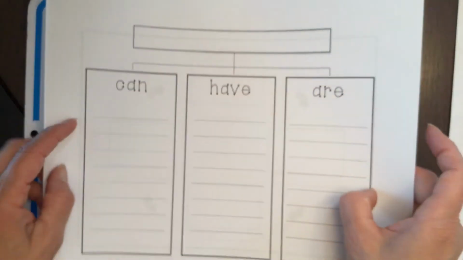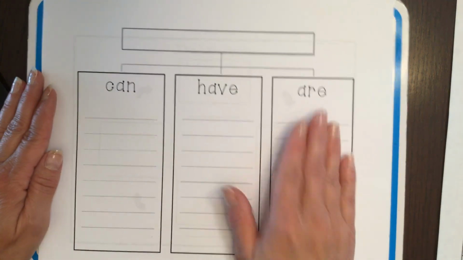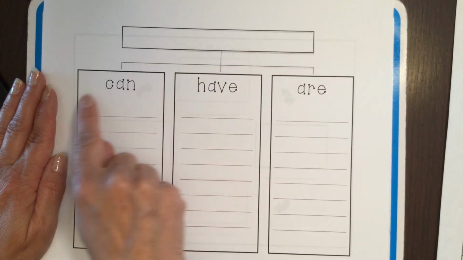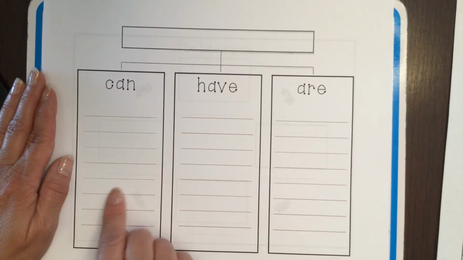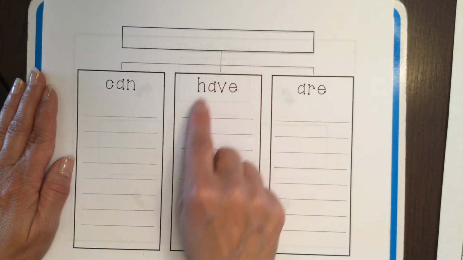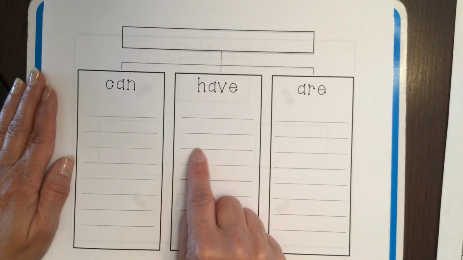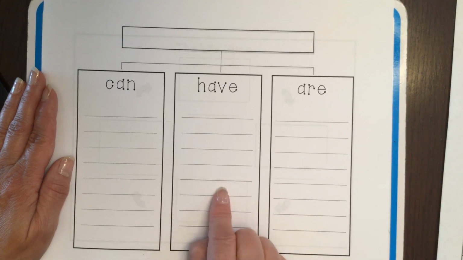And tomorrow we're going to do the page that says can, have, and are. So if you were continuing with cheetahs, tomorrow you would write cheetahs can run really fast, hunt antelopes, have live babies. You might say cheetahs have spots, long, fast legs, sharp claws and sharp teeth, ears that hear really well.